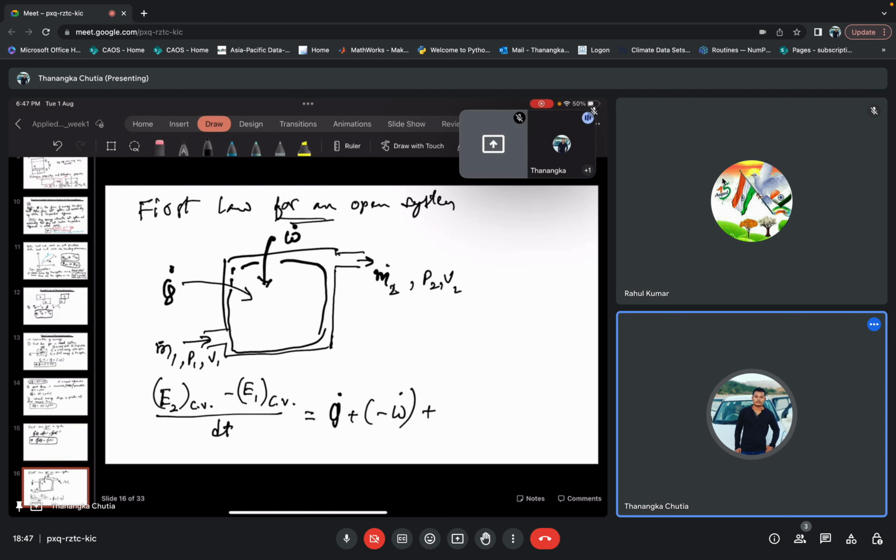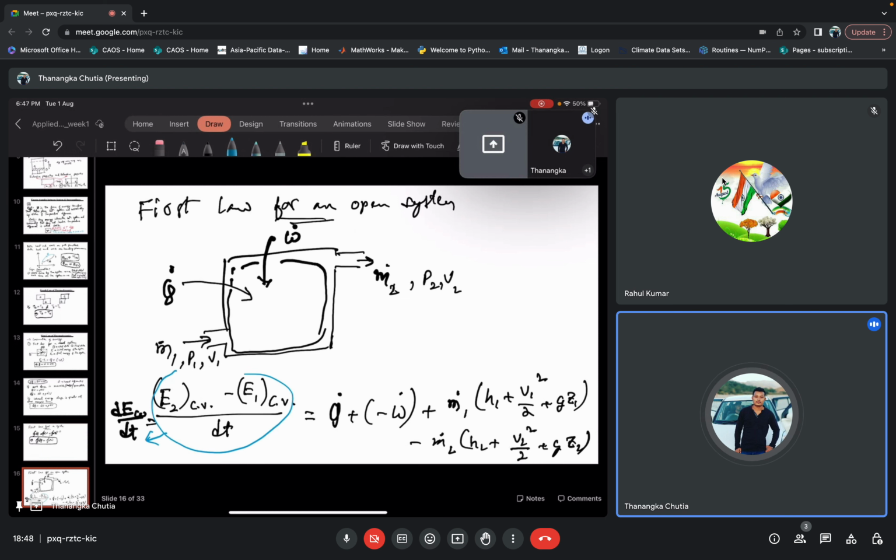This term we can also write as dE_CV by dt. So this is basically my first law of thermodynamics for an open system.